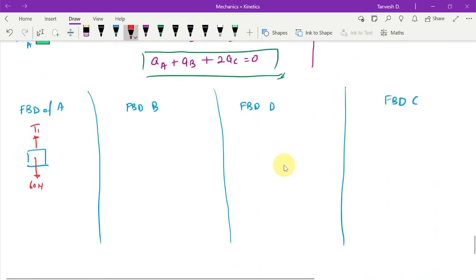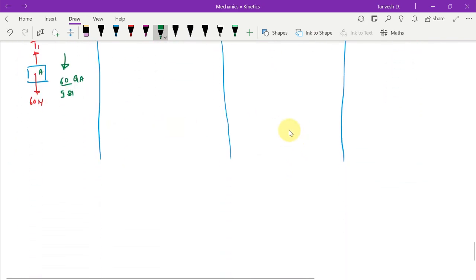So if all masses are moving upwards, the inertial force is going to be downwards, which is 60 divided by 9.81 into AA. So this is block A, right? Any other force? No other force, right? So let us see what we get by applying the conditions of equilibrium. Summation Fy equals 0, we'll get T1 equals 60 plus 60 upon 9.81 times AA. This is what we'll get.